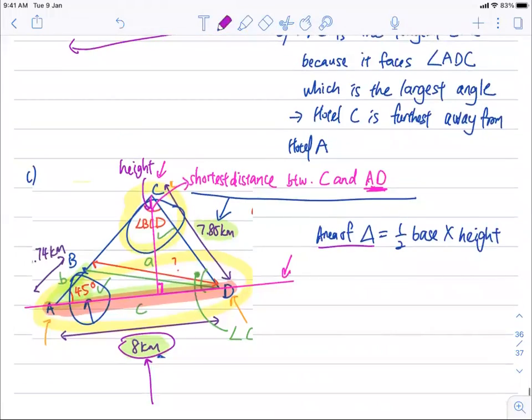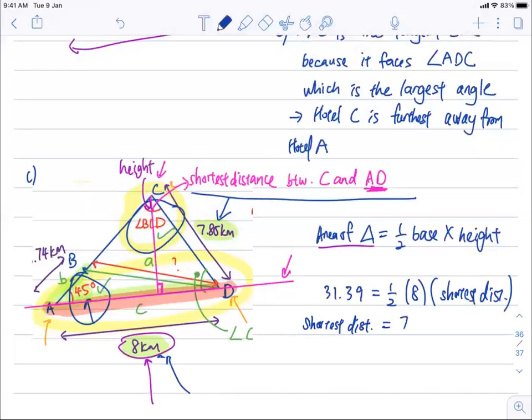So we can substitute in the value, 31.39 equal to half. Base is the 8 here. And then height is the shortest distance. So type into the calculator, we'll get shortest distance equal to 7.8475 km. So this is the final answer.